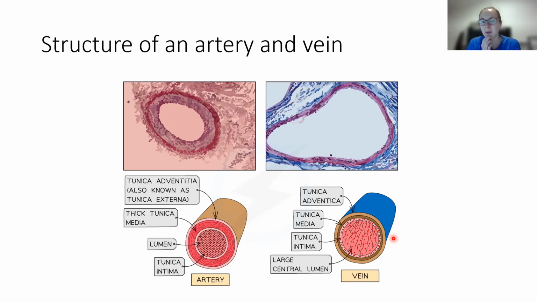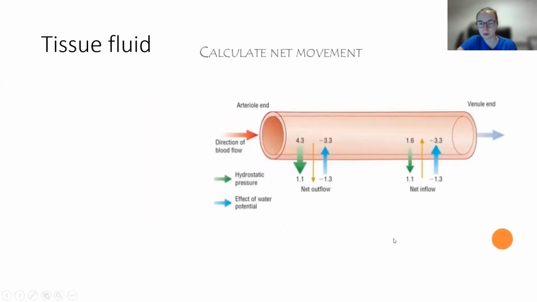Tunica externa, exit, outside; media, middle; intima, inside. So it's kind of easy to remember. And your tunica media is the difference between your arteries and veins: much thicker in your arteries, much thinner in your veins.